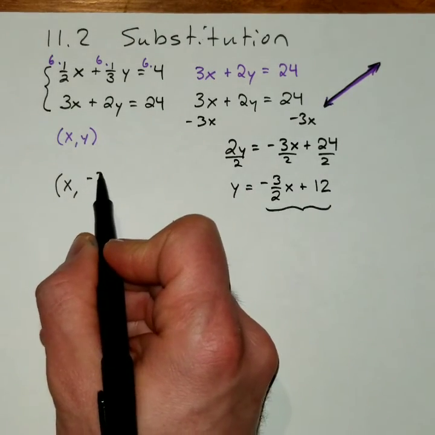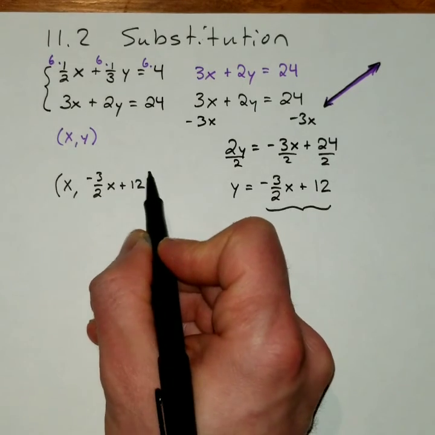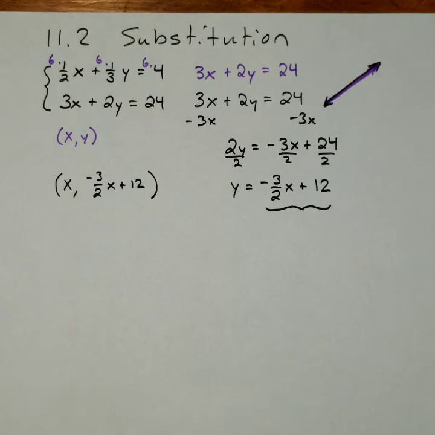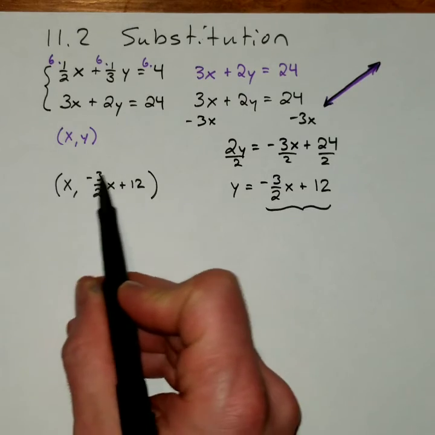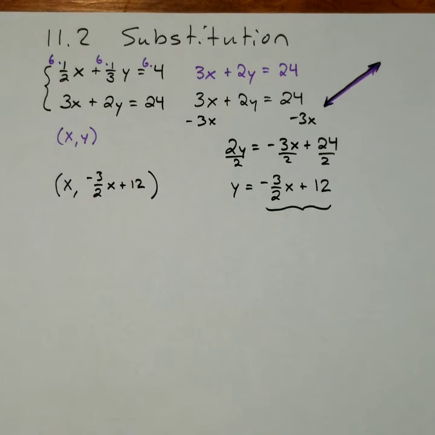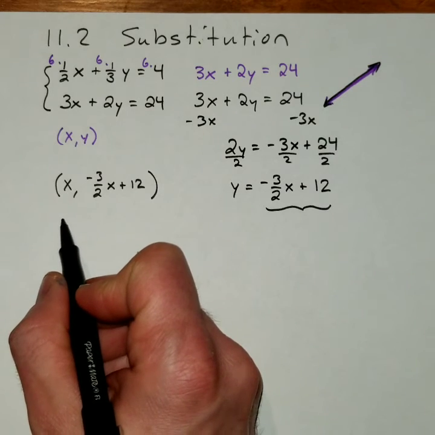And it's going to read x comma negative 3/2 x plus 12. This is the form, I believe, that Hawks is going to want you to enter your answers in. So that's why I'm showing you this, so that you can do that. You're going to have an x comma, and then the y value is replaced with the expression for y. And then you can always say there's an infinite number of solutions here.